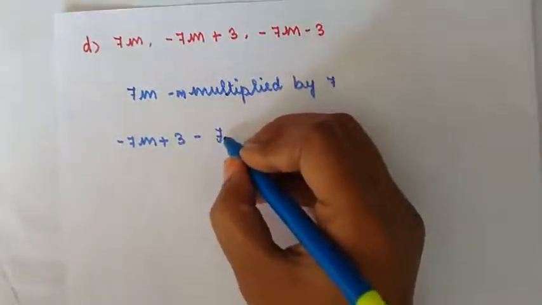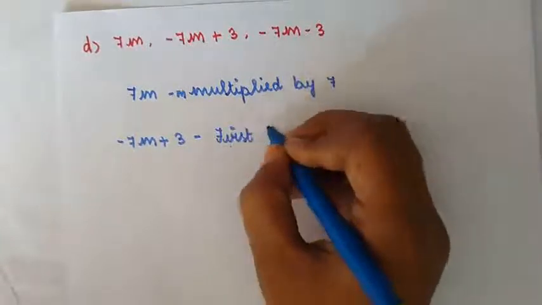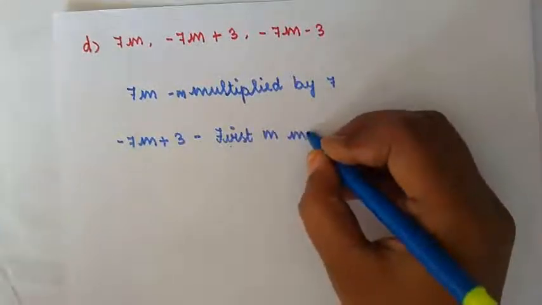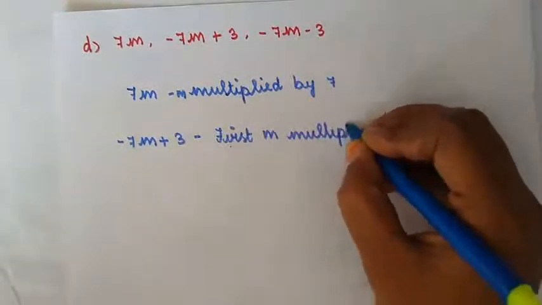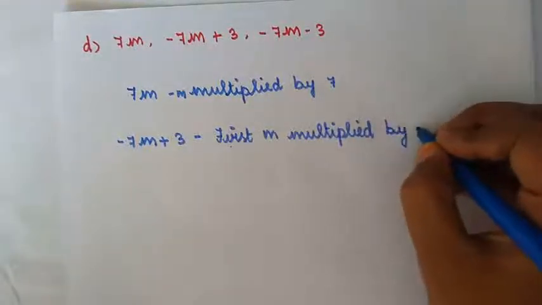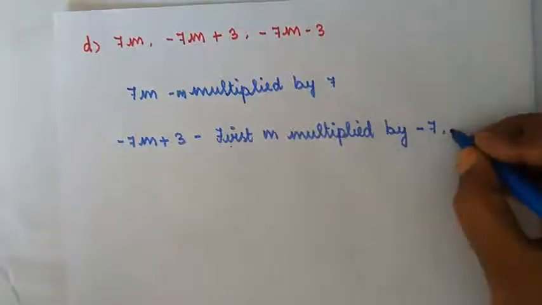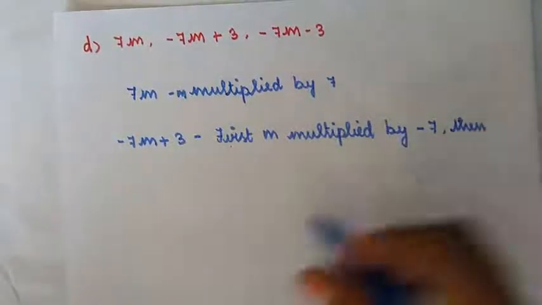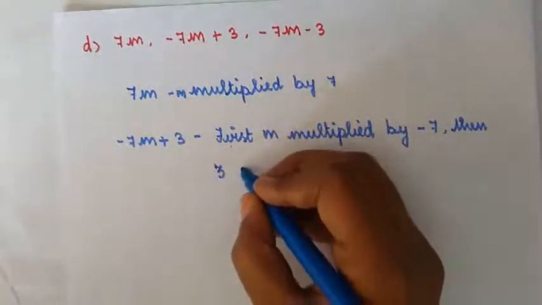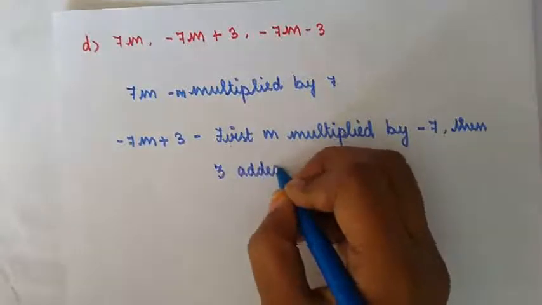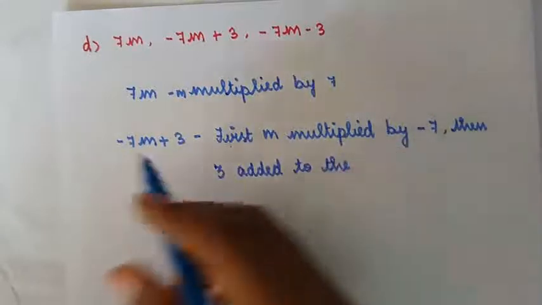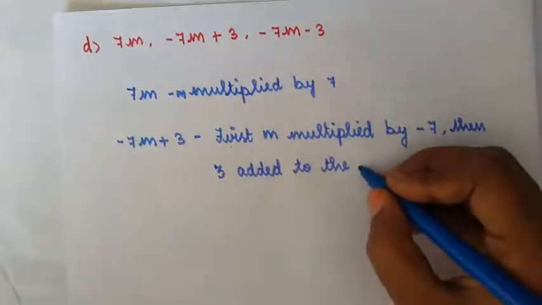So we have to write first m is multiplied by minus 7, then we have to add 3, added to the product, that is minus 7m.